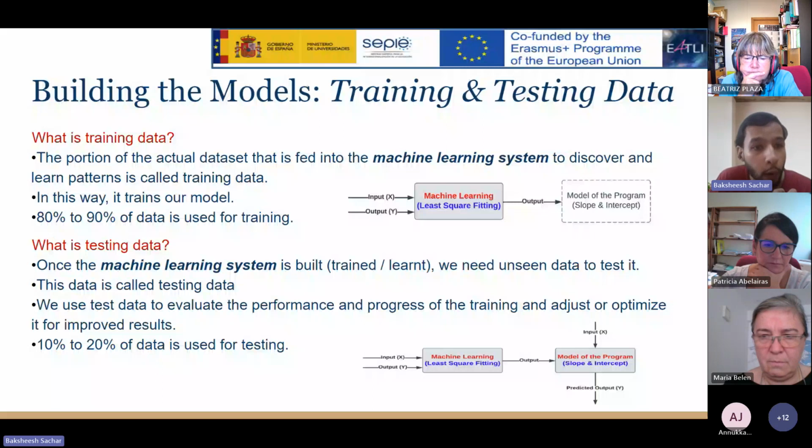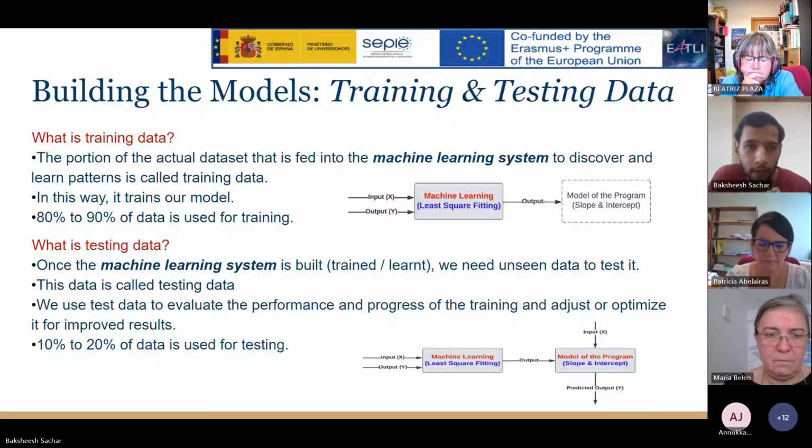And moving on to what is testing data. Once a particular machine learning system is built, it needs to be tested. Like in the earlier point I mentioned, 80 to 90% of the data is used for training, while the rest of the data is used for testing.